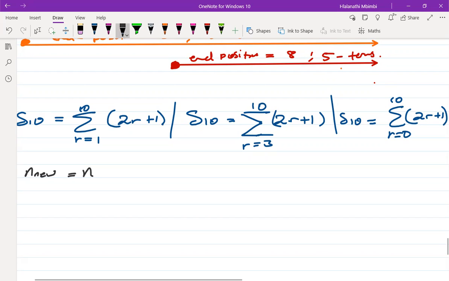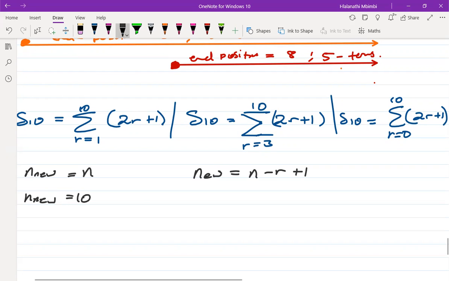Whereas here, you're starting at 3 and going up to 10, so the number of terms that you are adding is going to be different. So the way we calculate it is we say n minus r plus 1.